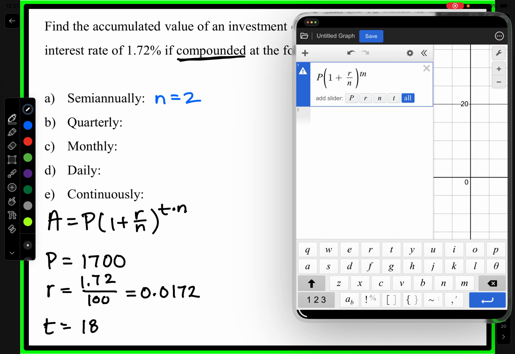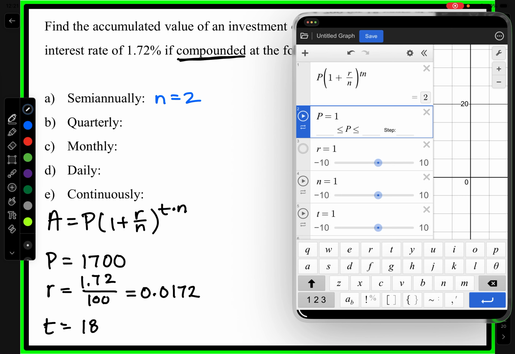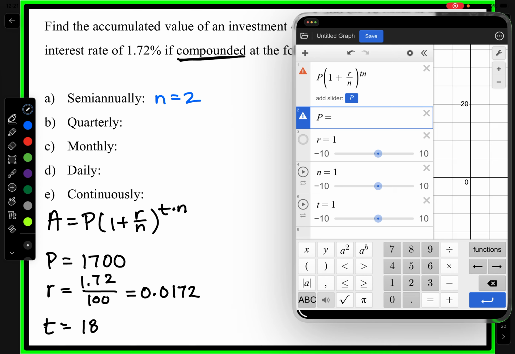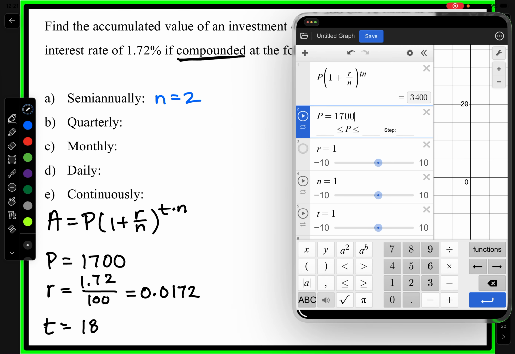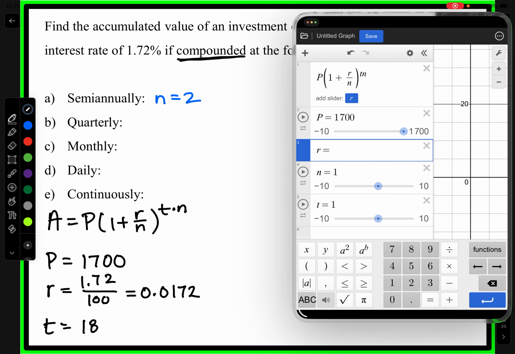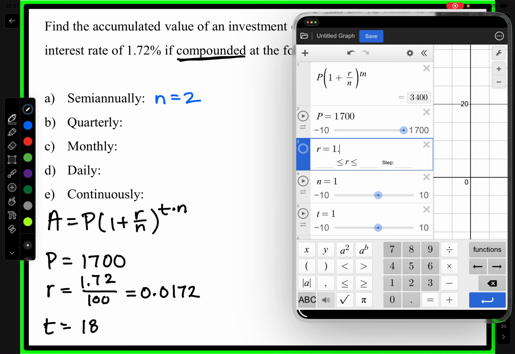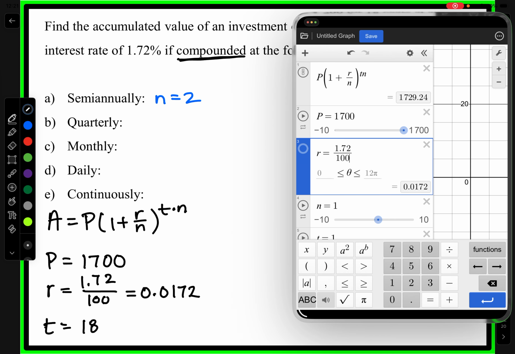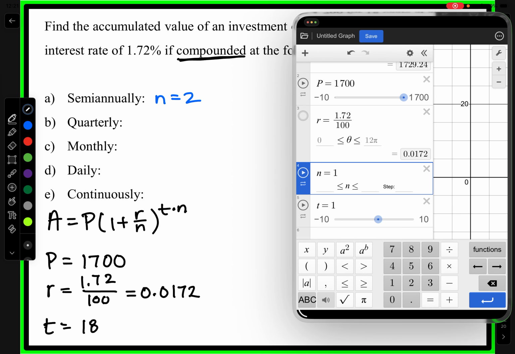And again, I'm going to use sliders, so I don't have to keep changing the N values. I could just do it from one place instead of manually changing it up there. So the value of P again is going to be the consistent $1,700. Our R is 1.72 out of 100. Ignore the theta and all that, you don't have to worry about that.